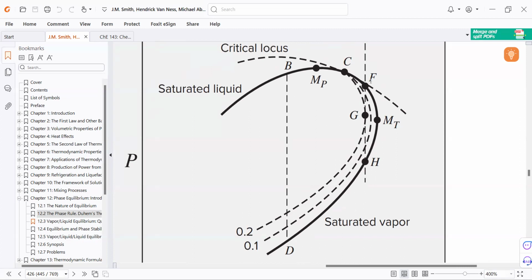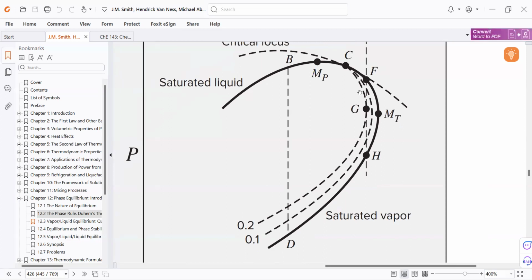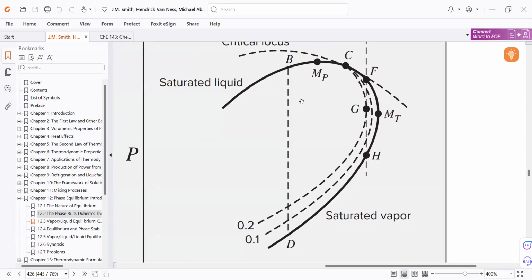So if we start at point F, there is a certain region wherein condensation happens as we reduce the pressure, and that is what we call retrograde condensation. It is because in this region we pass first the curves that have lower liquid content, and then we pass the curves that have higher liquid content.